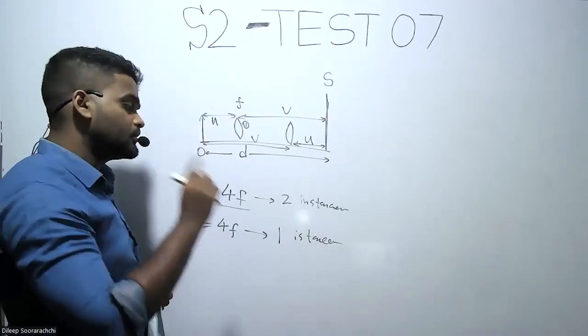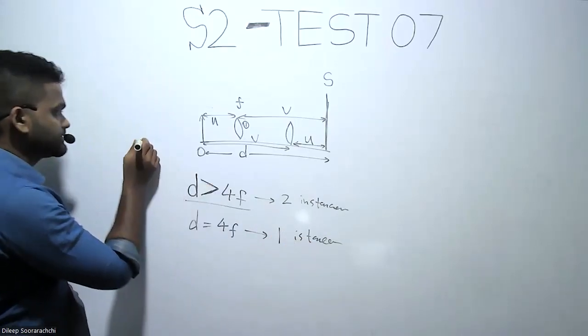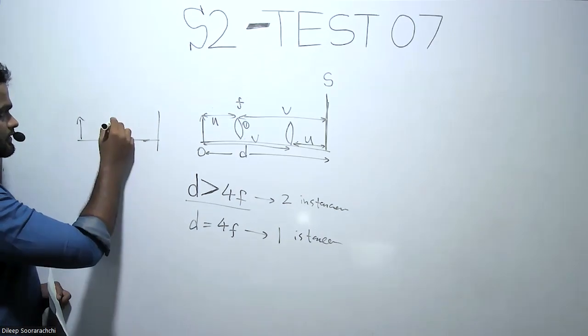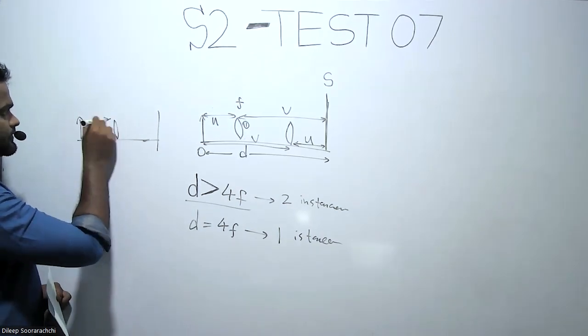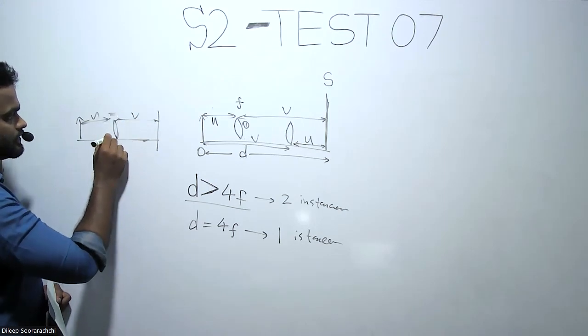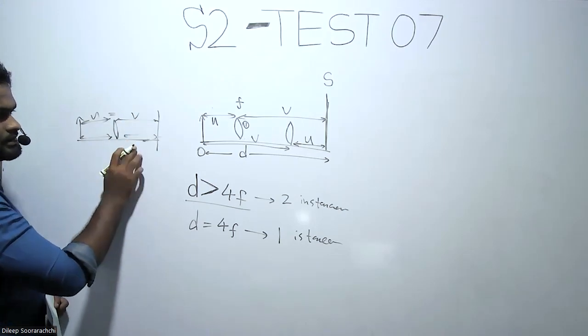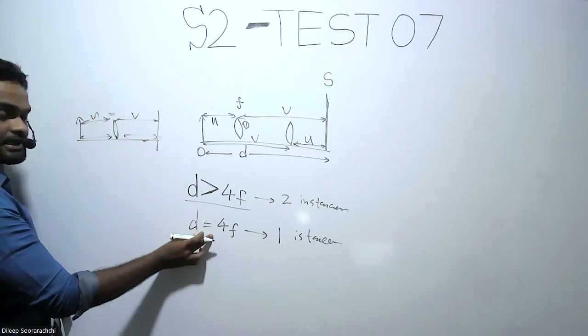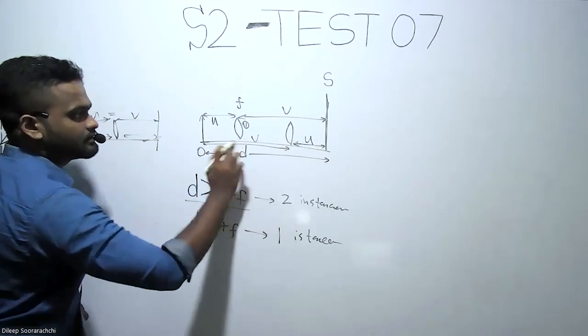There's only one position for the lens. So it will be like, lens is here, U and V are equal here. There's only one position for the lens to be placed, if this distance is equal to 4f.